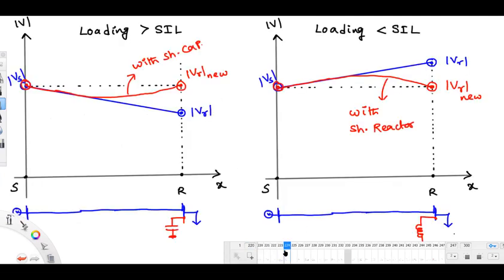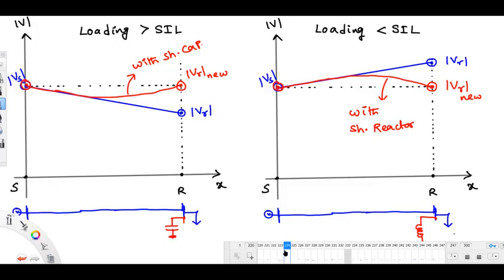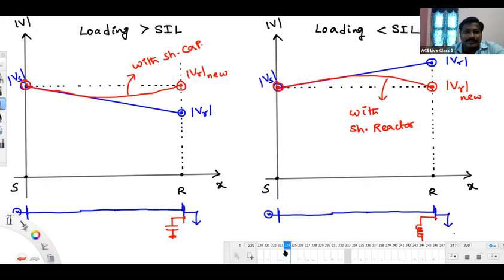Sir, can you explain this graph in short? I have a doubt. Can we get exactly the same value of VS and VR by using this shunt capacitor? We have done one problem also, right? The 275 kV line problem. We maintain both voltages equal by designing the capacitor bank. Sir, can you explain these graphs one time?